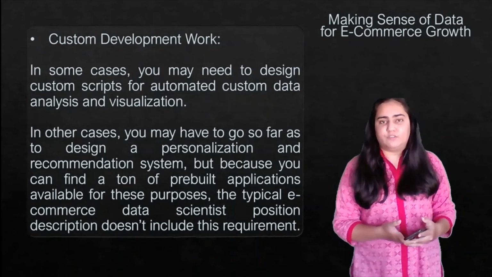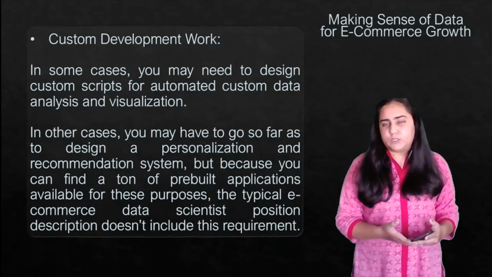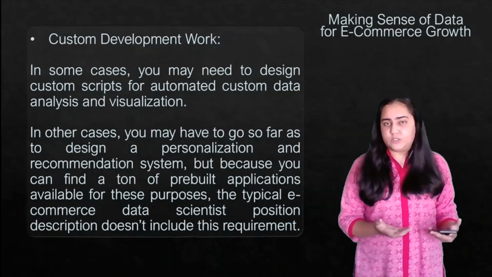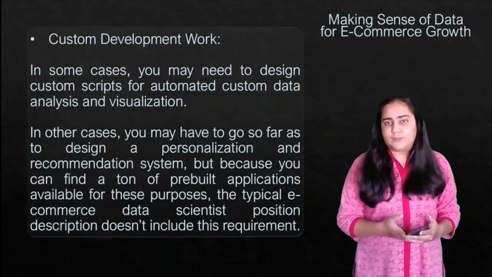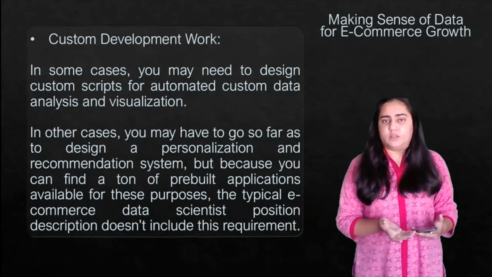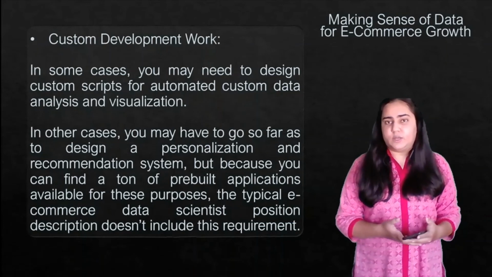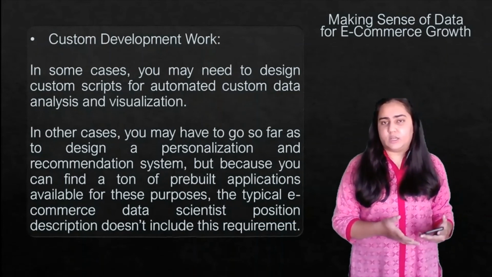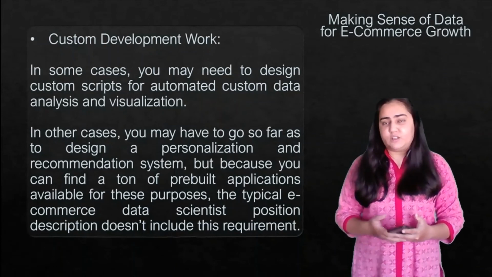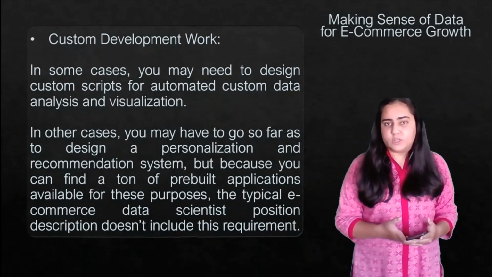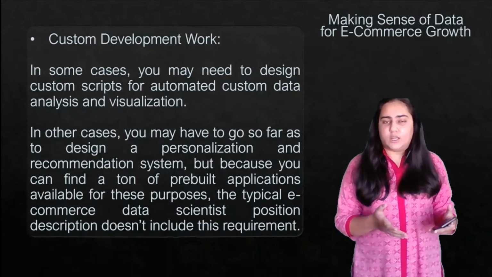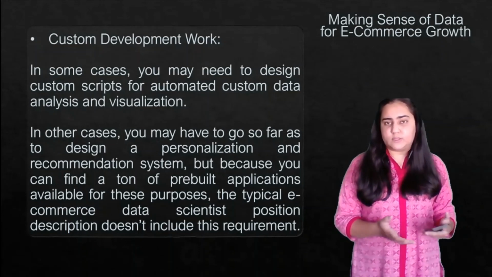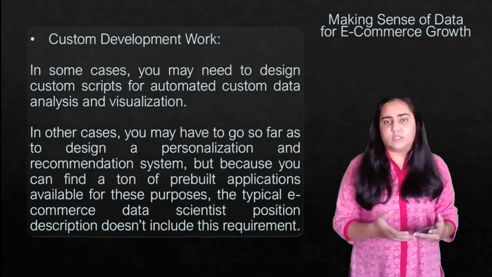You might notice that if you open your Amazon application, the suggestions that you see are different from the suggestions that perhaps your friend receives, because you are interested in buying maybe electronics, but your friend's interested in clothes, and that's why your recommendations include more electronic items, and your friend's recommendations include more clothing items. And those are all examples of personalization and recommendation engines or systems that are developed by data scientists.